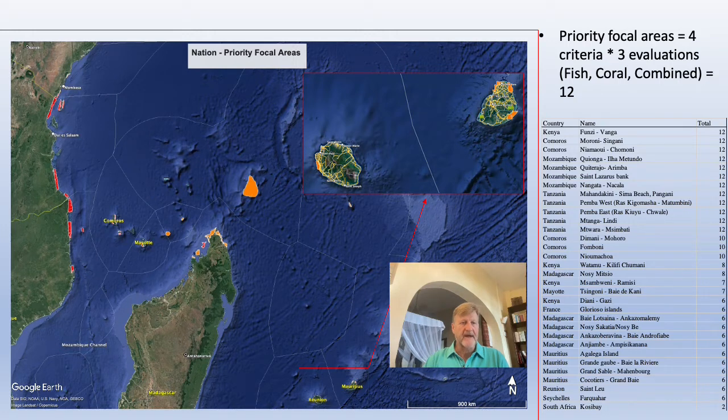In the case of Kenya as well, you can see that the hotspot area moves further to the north to include areas up into the Diani area as hotspots because of the restriction of hotspots to just the area in Kenya. So at the national level, you get a slightly different view of these particular hotspot areas, and this is important for national level planning.